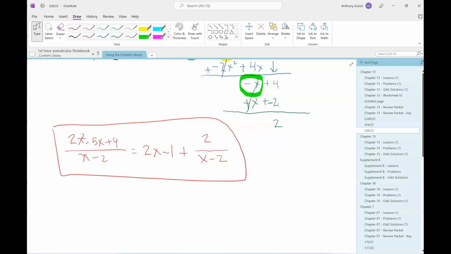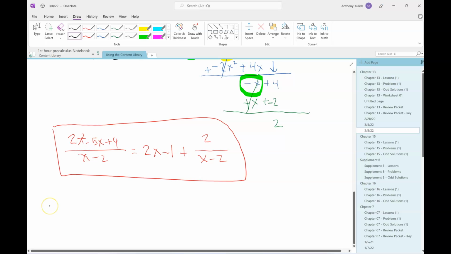This polynomial division, though, has 2 uses. The second use is called the factor remainder theorem.